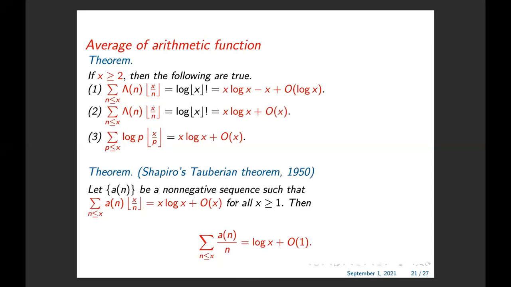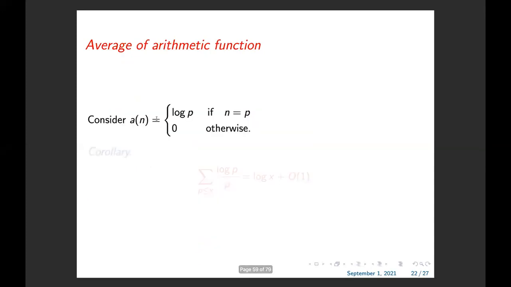So we can use this theorem to get rid of x from here, from here. All right. So if we choose our a_n as log of n if n equals p, and 0 otherwise, then we have this.